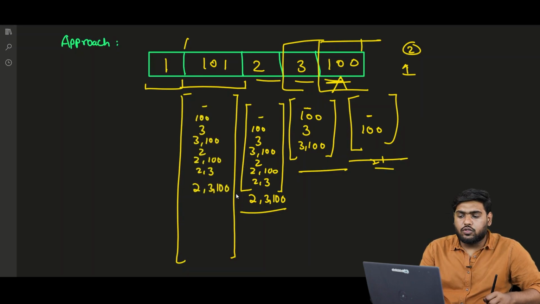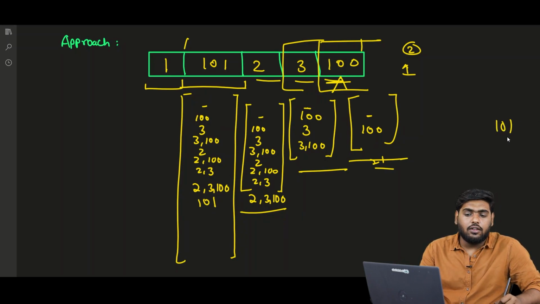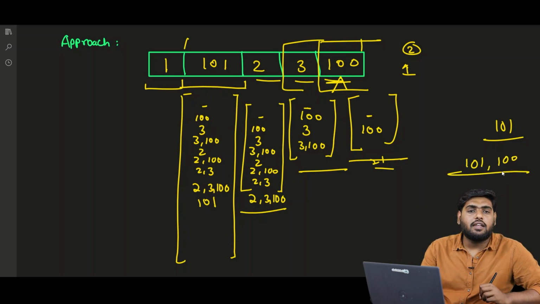So all the ones formed so far will be considered. Now let's talk about 101. 101 combined with empty will be 101, which in itself is an increasing subsequence. If you have only one value, obviously it is an increasing subsequence, right? Now let's combine 101 with 100. If we say 101, 100, is it a strictly increasing subsequence?